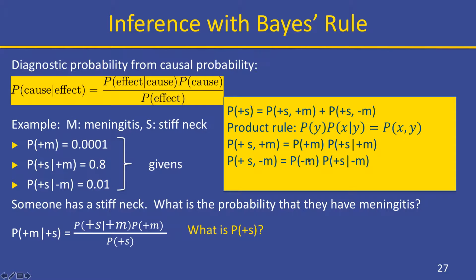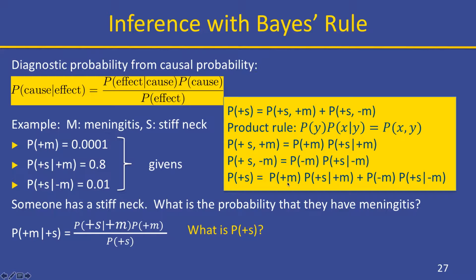So we can replace P of plus s plus m and P of plus s minus m by these products, and we get that P of plus s is equal to P of plus m times P of plus s given plus m plus P of minus m times P of plus s given minus m.